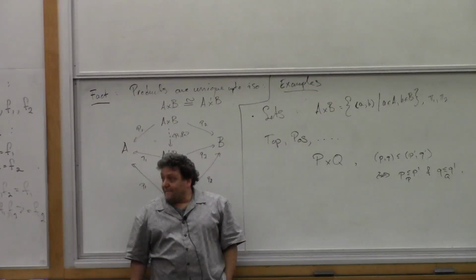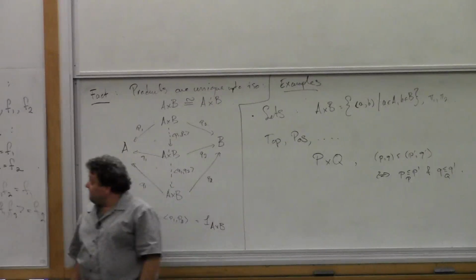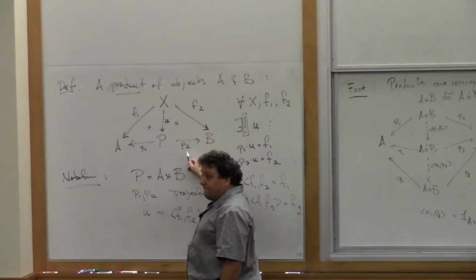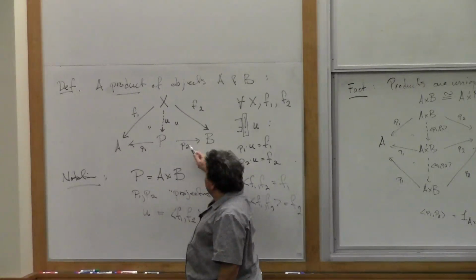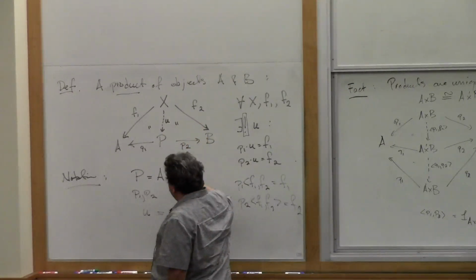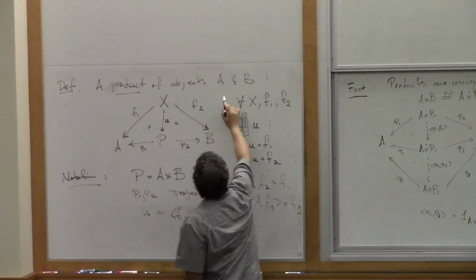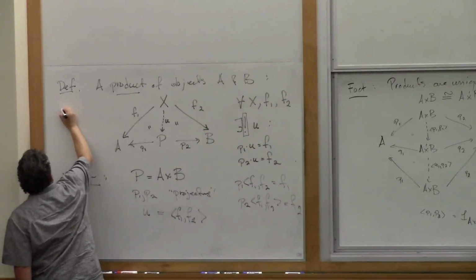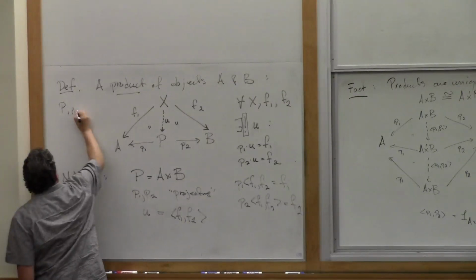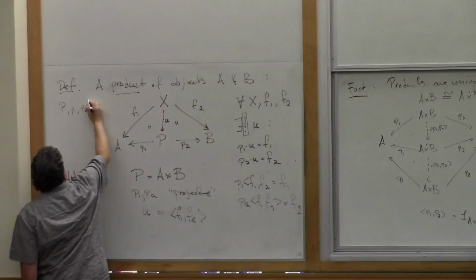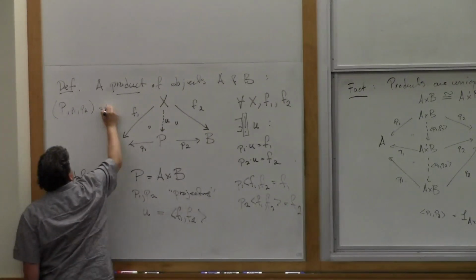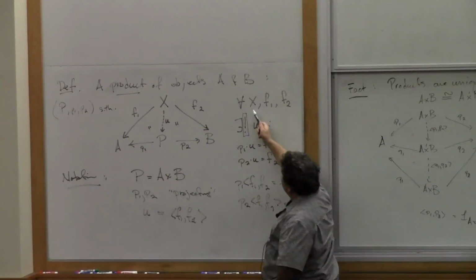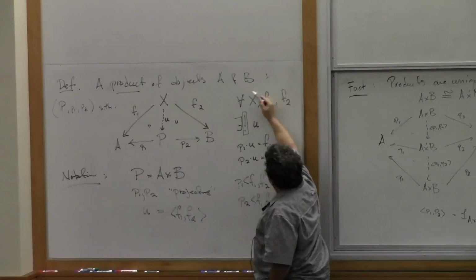I'm confused about p1 and p2. They look like arrows, but is that part of the existential thing, that there exists a U and a p1 and a p2, or where are they? So a product of objects A and B consists of a triple P, p1, and p2, such that for all... One way of thinking of it is, it's a universal gadget of this form.